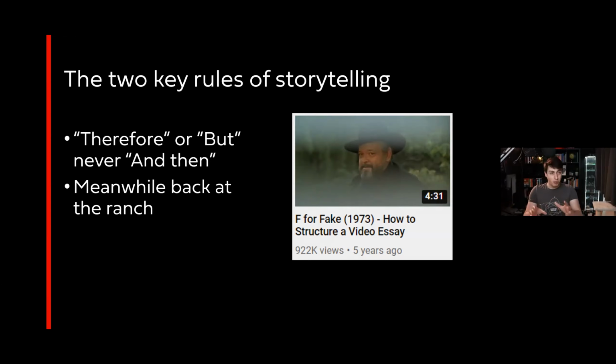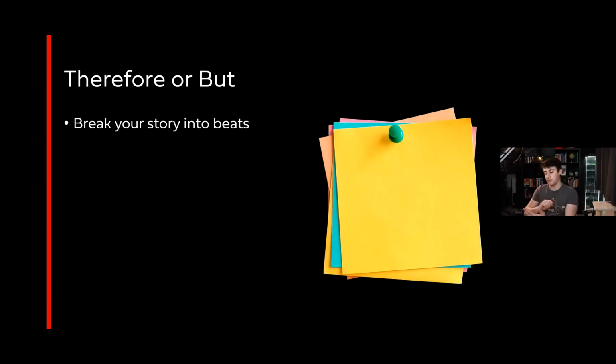So to break down these points, firstly, therefore or but. What this means is to break your story into beats. When I write videos, I'll do this in bullet point form. I actually used to use, before I started using Notion, which I'd encourage every student to use, Post-it notes.